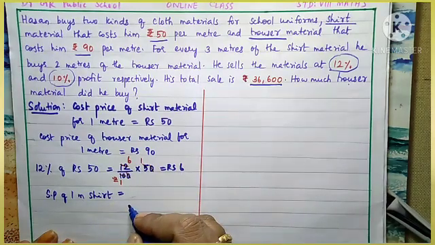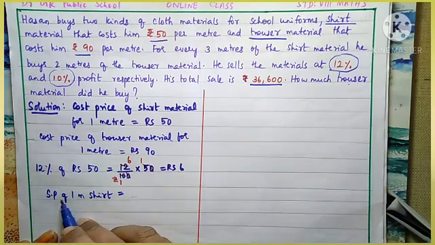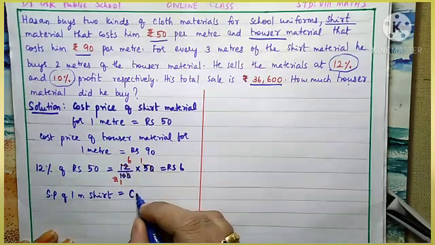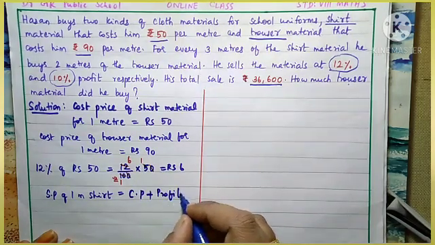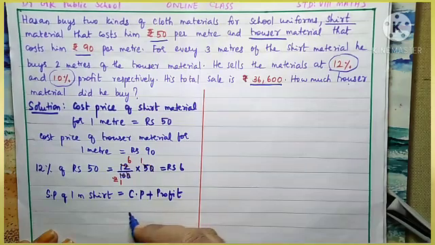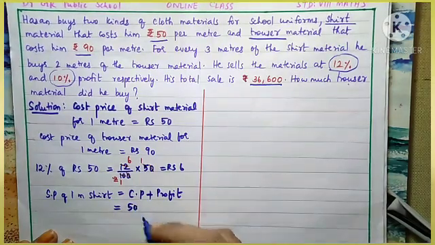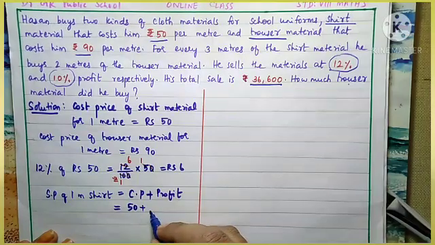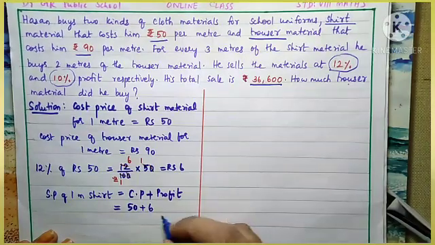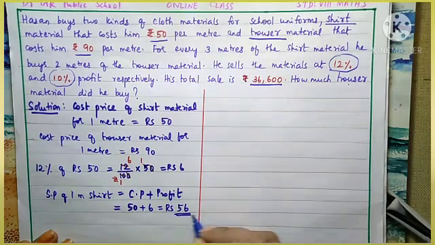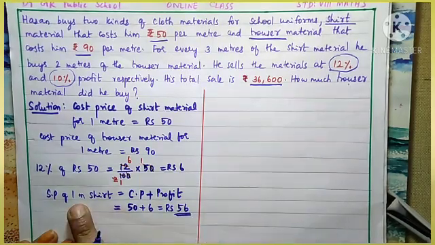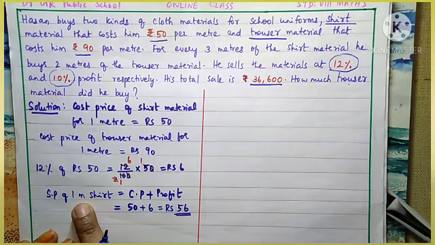You studied in 7th standard also, you learned whenever we calculate selling price, we want to add profit to the cost price, CP plus profit. So what is cost price actually for shirt material? 50 rupees, and how many is the profit? 6 rupees. Therefore rupees 56 is the selling price for 1 meter of shirt.